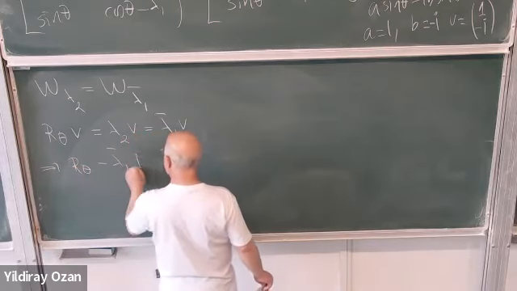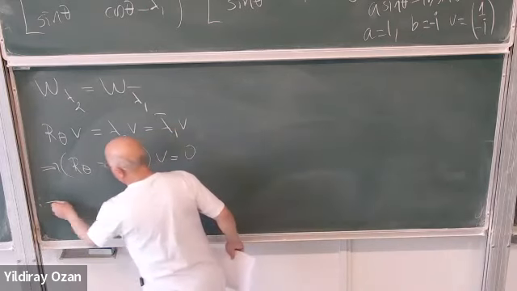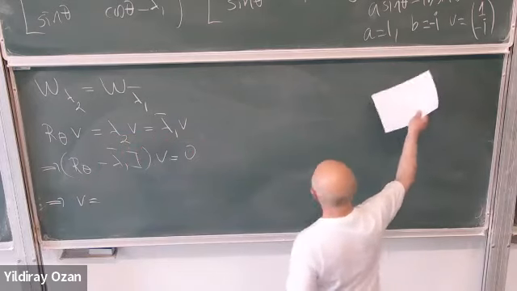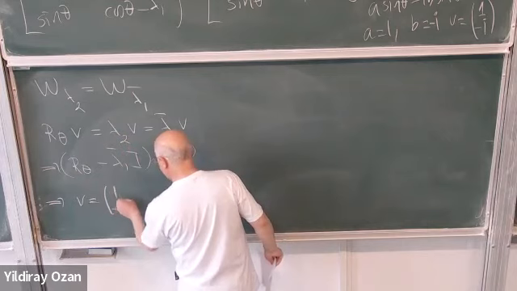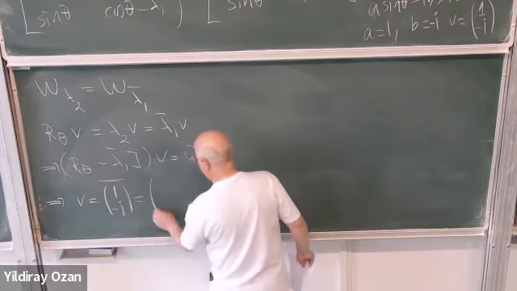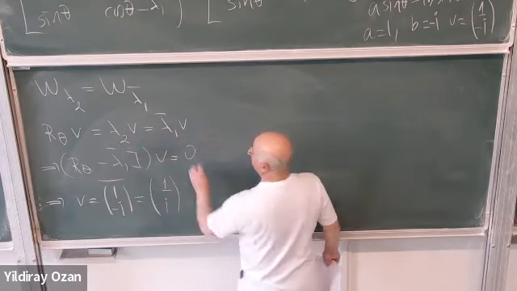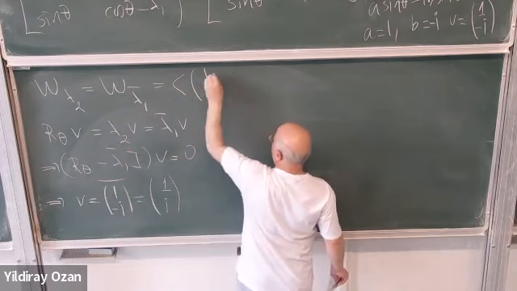Lambda 1 bar times identity V equals 0. The vector you would get here will be just the conjugate of this. So 1 minus I conjugate. What is the conjugate of this? It is just 1 and I. So this is the vector space spanned by 1 and I.